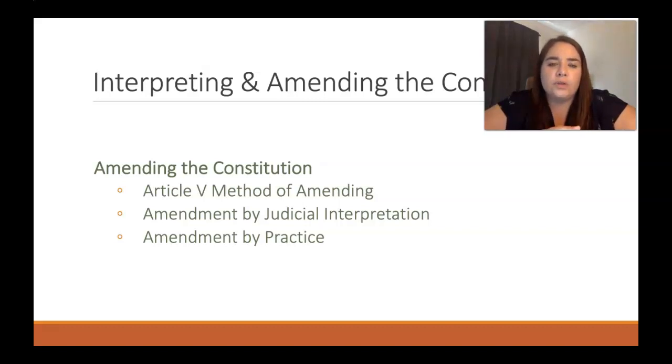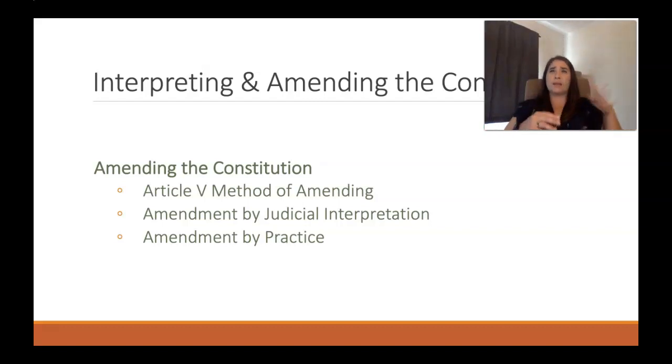Because that procedural avenue is so difficult to achieve, what we as lawyers and judges have done is we have begun amending the Constitution through judicial interpretation. A perfect example is the Fourth Amendment. So that's another way to amend the Constitution.